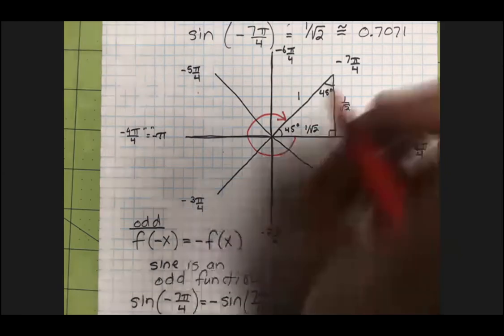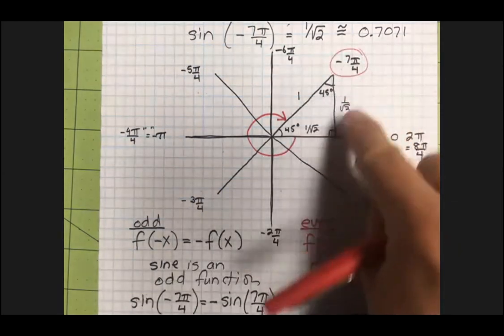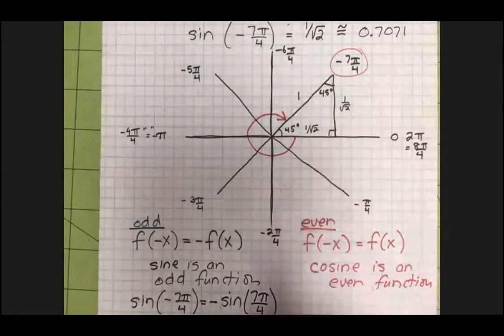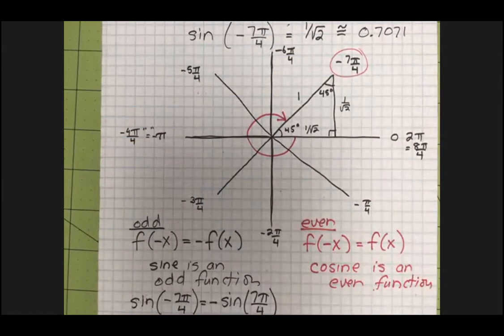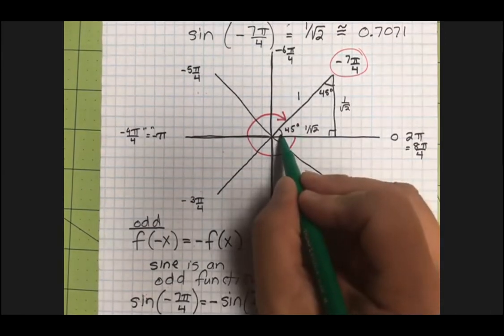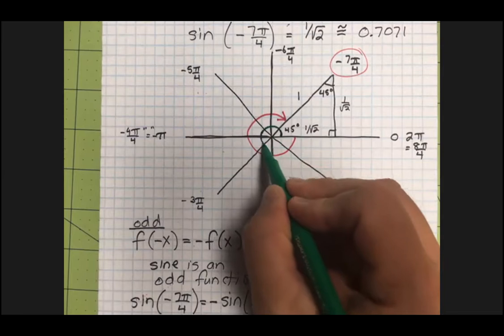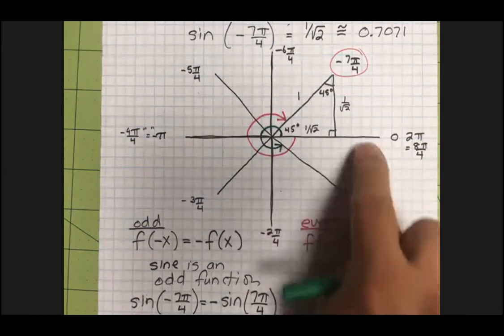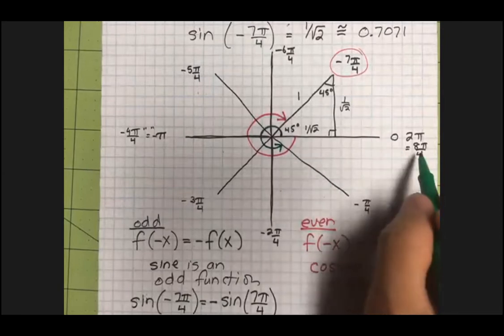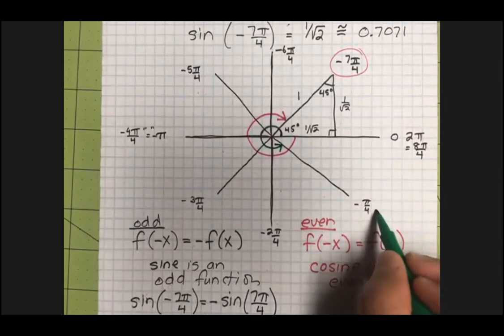Now where's 7 pi over 4? Minus 7 pi over 4 was to go all the way around except for one 45-degree 90 triangle. I guess 7 pi over 4 must be going all the way around, but stopping one pizza slice of pi over 4 short of a full circle.